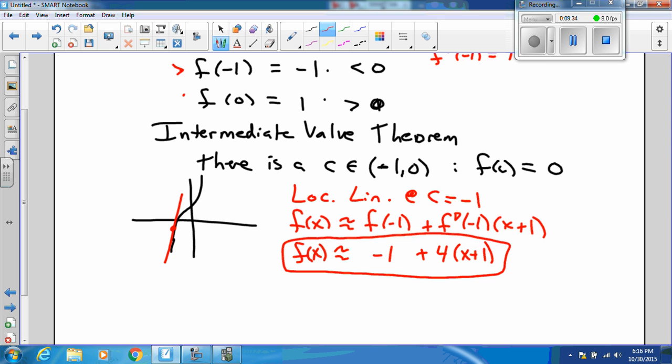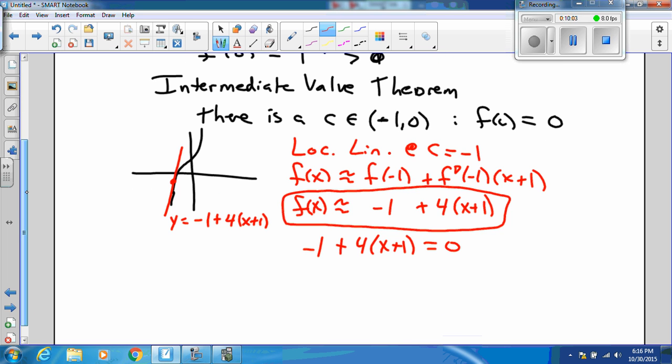Now what I'm going to do with it, here's my tangent line right here. Now what I'm going to do with it is to take that local linearization, y equals -1 plus 4 times x plus 1, and I'm going to set it equal to 0 and find out where its 0 is, which will be approximately the same as the 0 of f of x.